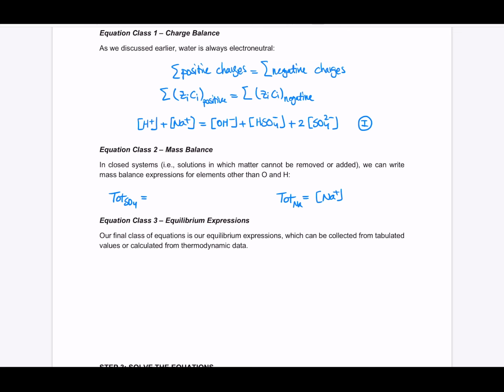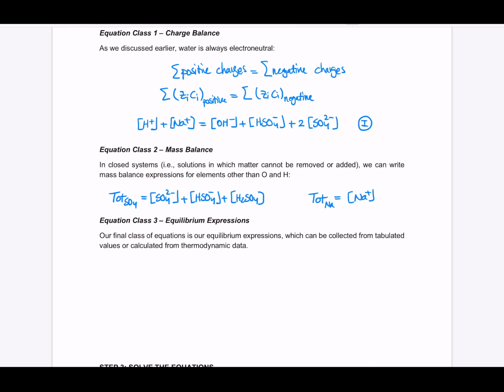How about sulfate? Exactly. Here we don't have that factor of 2, because that factor of 2 was because of the charge.